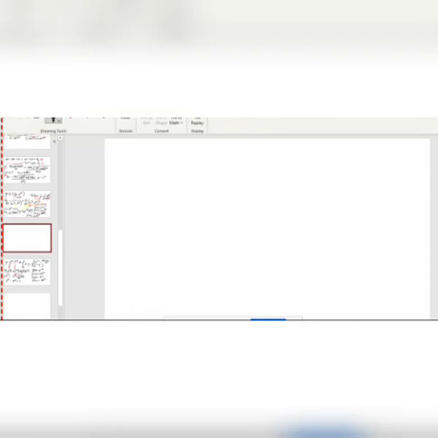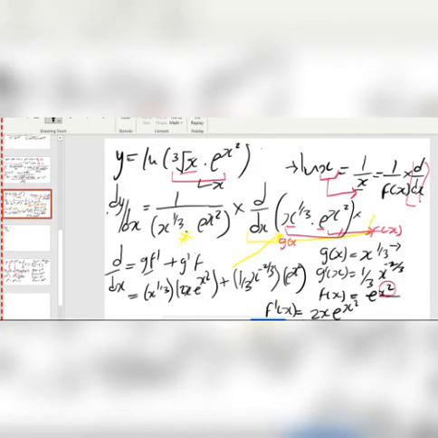So from that, guys, we're going to say dy over dx, and then we just plug it here. Remember, we got our dy over dx. We got 1 over 3 x to the power of 1 over 3 multiplied by e to the power x squared. And then we're going to substitute that d over dx there.